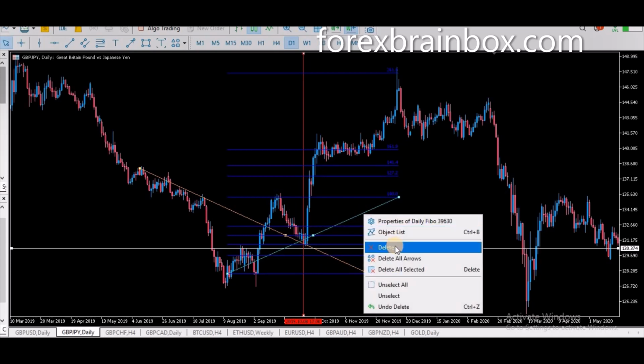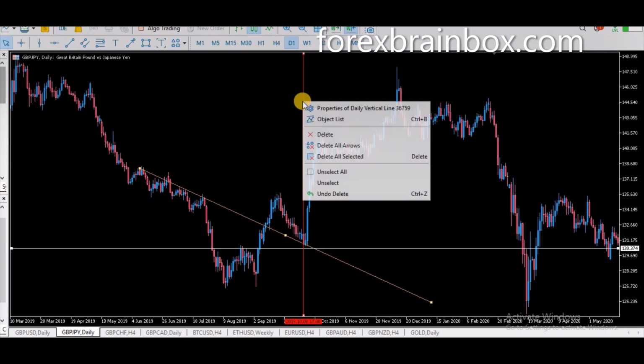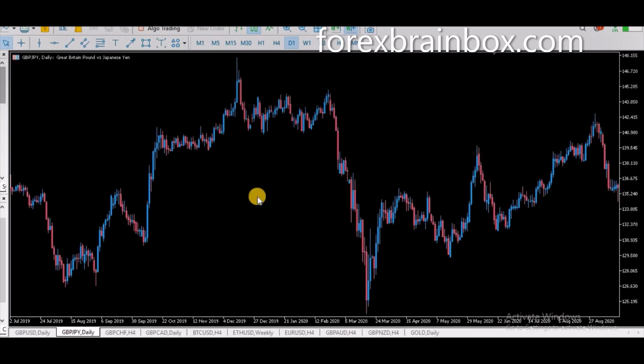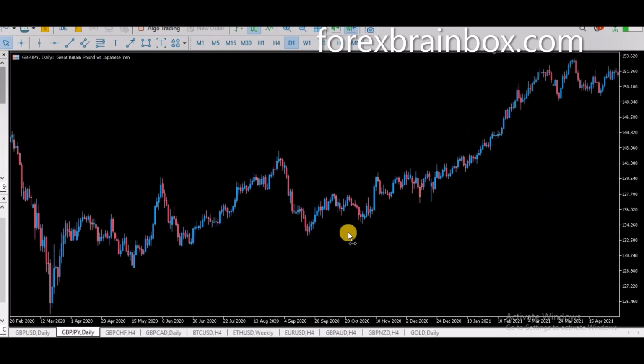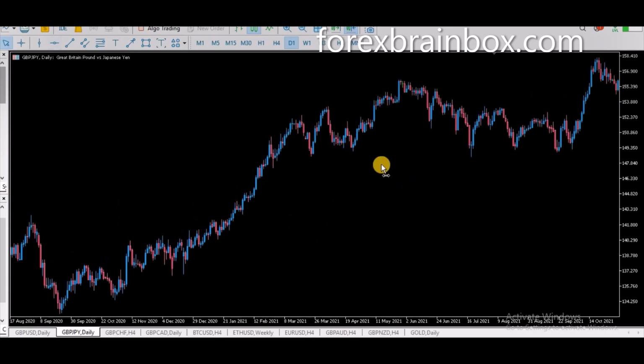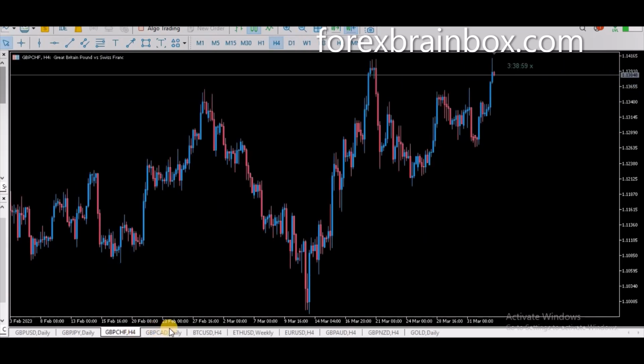They are all important. Your trend line, your supply and demand zone, your horizontal line, they all work together to give you an informed decision on what to do about the market. You can as well go to another pair. So let's look for another pair.